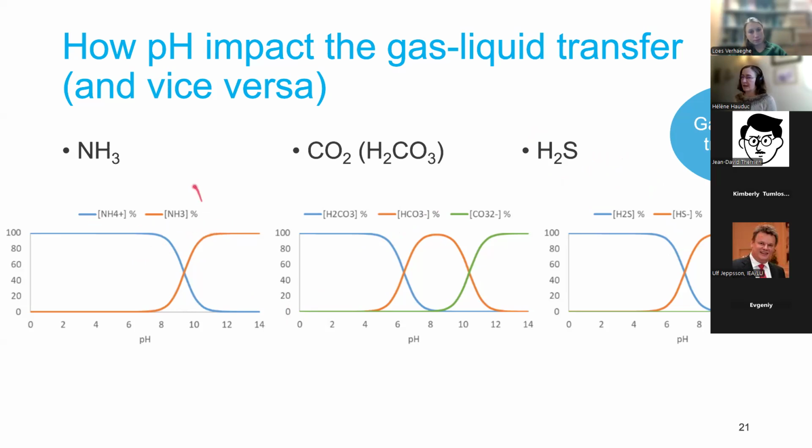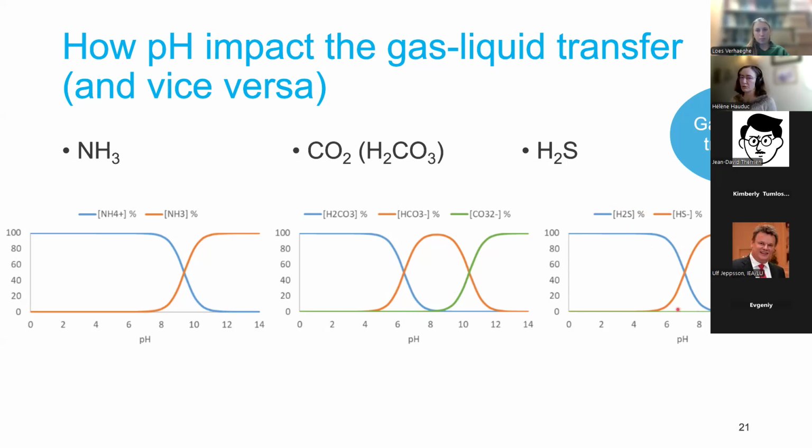Only the uncharged species will be stripped. So here, the ammonia will be stripped only at pH higher than 8, carbon dioxide will strip at pH below 8, and hydrogen sulfide will strip at pH below 9.